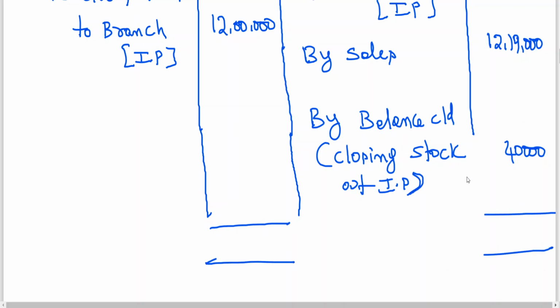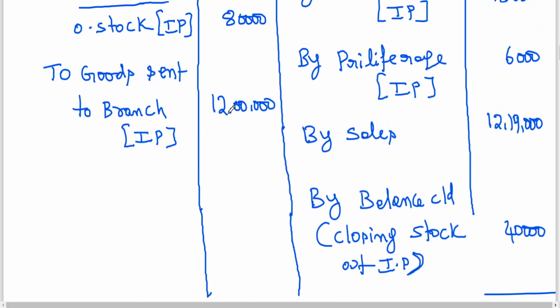Sometimes they won't be giving the closing stock, that will become the balancing figure, or they won't be giving the opening stock, that is the balancing.